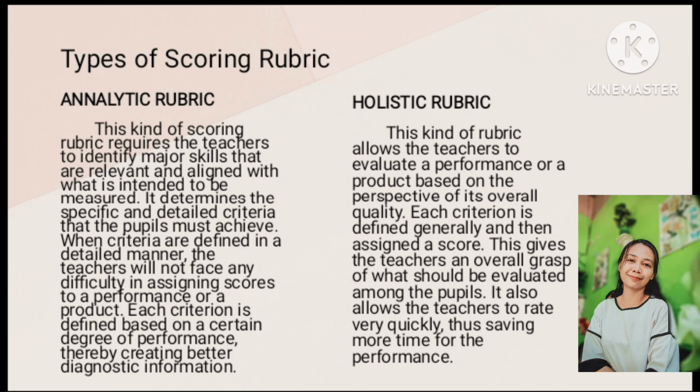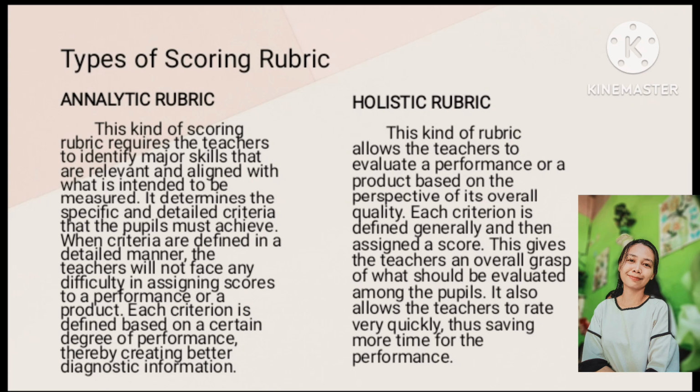Okay, so ato ni emphasize ang major skills that are relevant and aligned with what is intended to be measured. It determines the specific and detailed criteria that the pupils must achieve. When criteria are defined in a detailed manner, the teachers will not face any difficulty in assigning scores to a performance or a product. Each criterion is defined based on a certain degree of performance, thereby creating better diagnostic information. Okay, makita nimo dira sa analytic rubric.